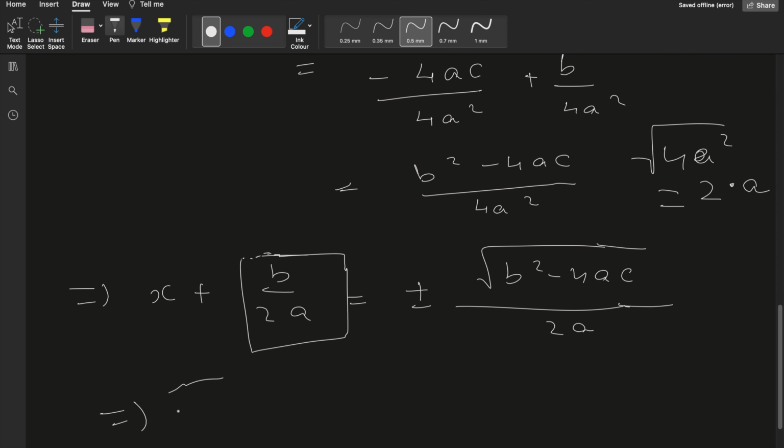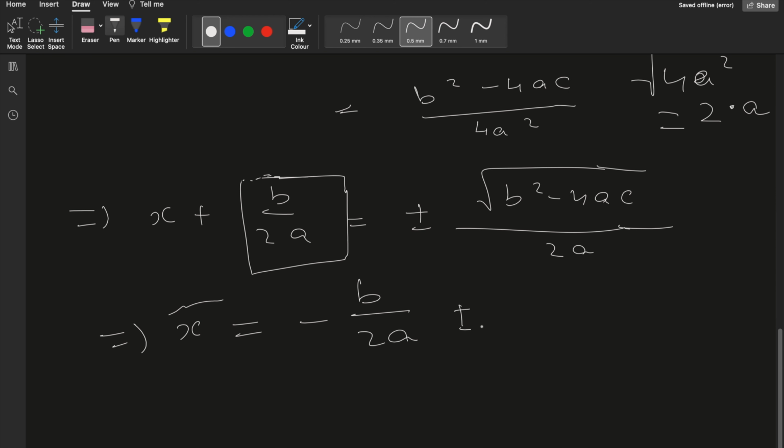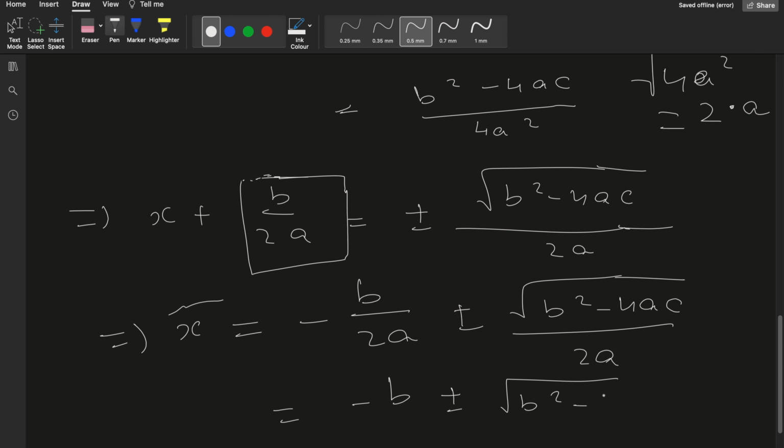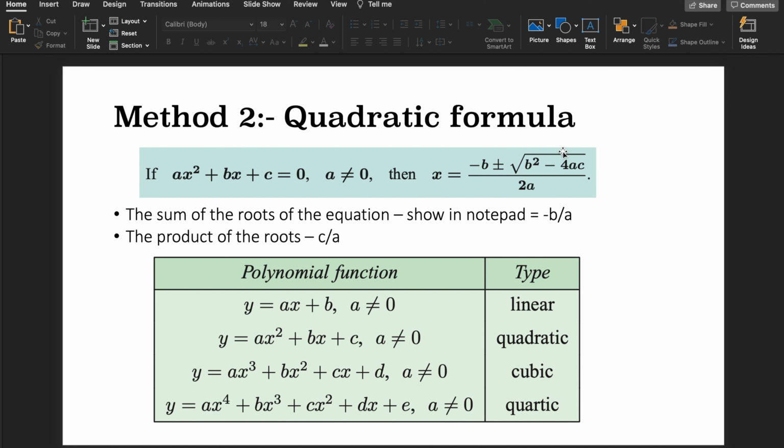So therefore, x equals minus b by 2a plus or minus square root of b squared minus 4ac divided by 2a. Since this is common, we can write this as minus b plus or minus square root of b squared minus 4ac whole divided by 2a. So this is the formula right here.